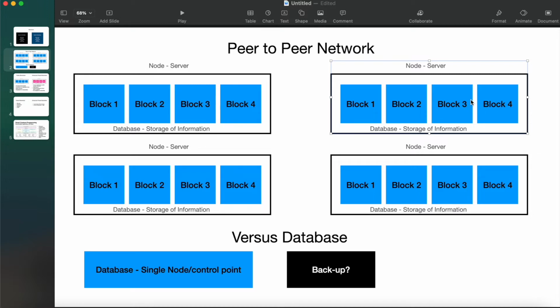And you don't have to trust a single party or a single individual to maintain that data for you, because it is maintained by 1,000 individuals who, through the mathematics of the system, maintain the integrity of the data through the voting process, so that we always have the latest version of the correct information maintained. All right, so that's peer-to-peer.